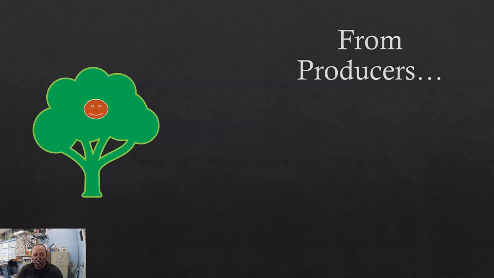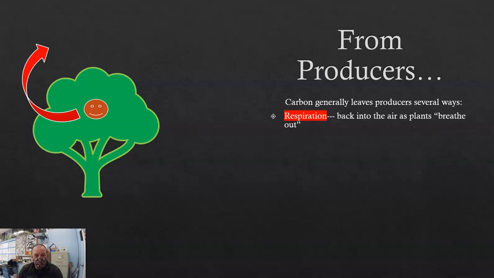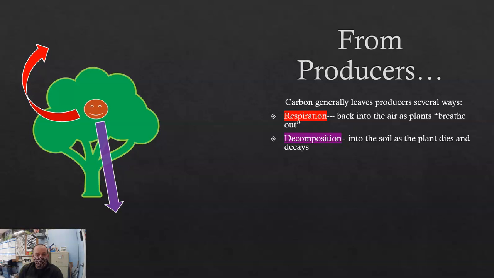Once it's in the producer, there are several different paths that it can take. One thing that can happen is the producer itself can actually breathe. It can breathe the carbon back out into the air as it uses up the sugars in its body. This is called respiration, and it's not unique to producers. All living things do respiration. It can also decompose.